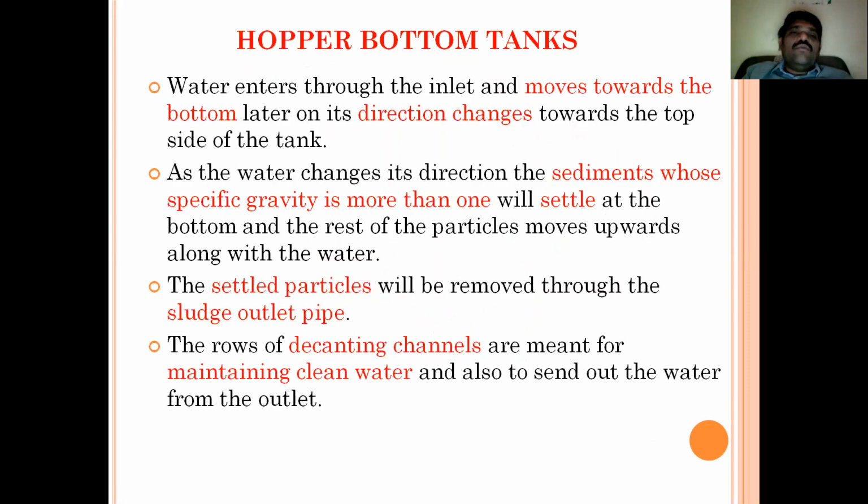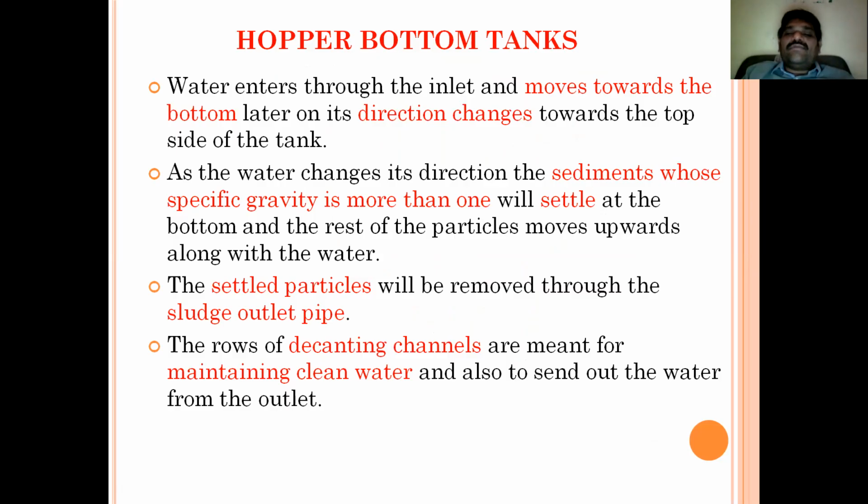Water enters through the inlet and moves towards the bottom. Later on, its direction changes towards the top side of the tank. As the water changes its direction, the sediments whose specific gravity is more than one will settle at the bottom, and the rest of the particles move upwards along with the water.